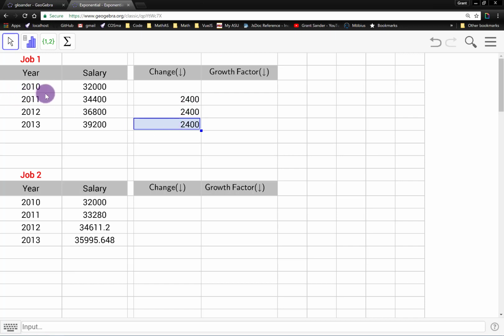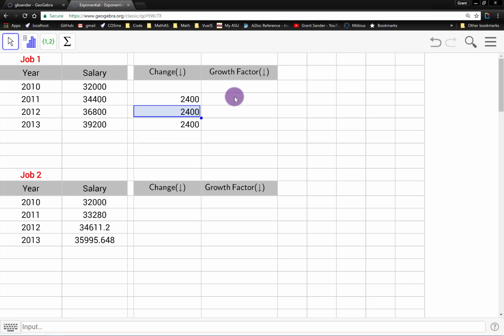So from 2010 to 2011, the salary changed by $2,400. From 2011 to 2012, salary again changed by $2,400, and so on. So each year that passes, job 1 salary increases by the same amount. And therefore, this salary is following a linear growth model.